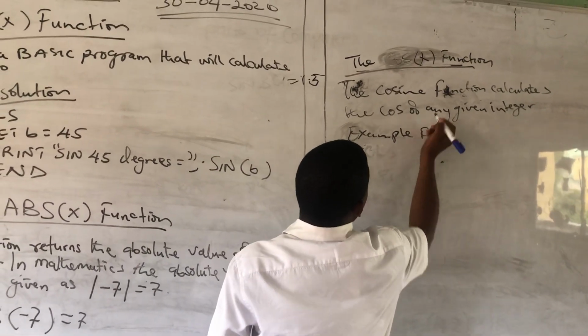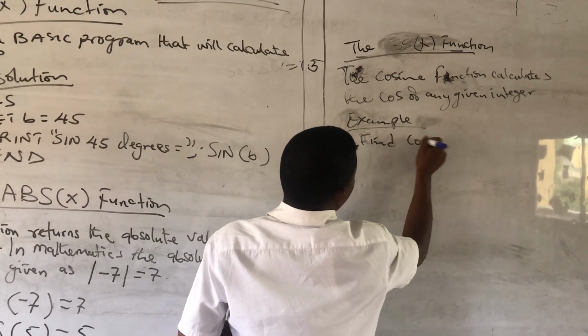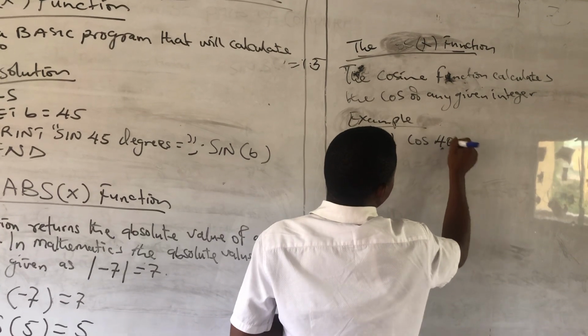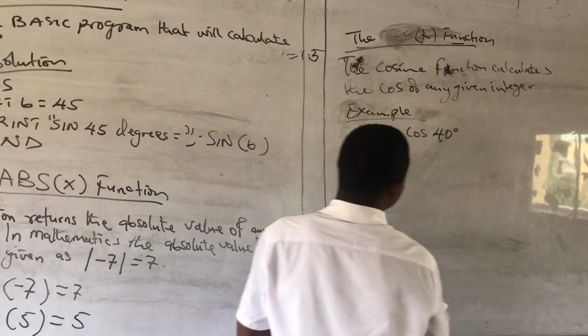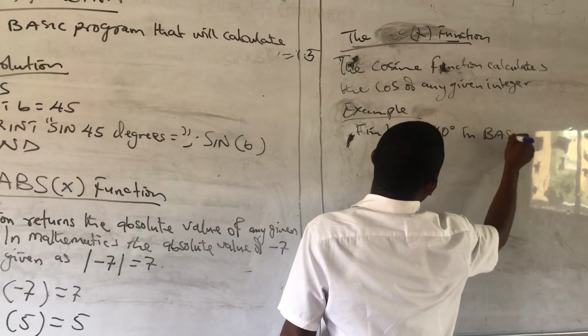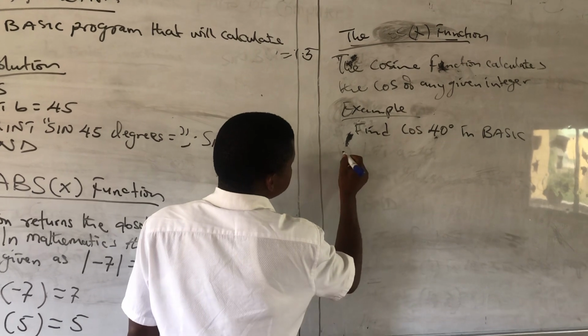Find cos 40 degrees in basic. So we just have to write something like this.